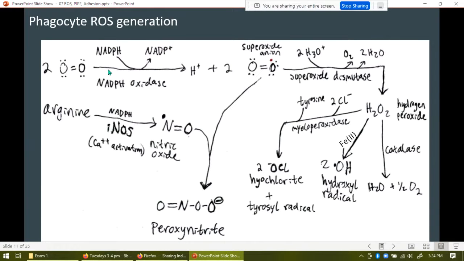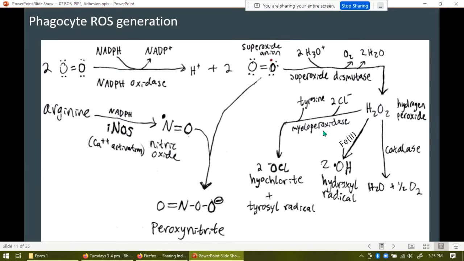So this is the pathway. It's showing you the actual chemistry that happens. You can see we start with NADPH oxidase, taking oxygen and turning it into superoxide anion. That is converted into peroxide by superoxide dismutase. Peroxide has a couple paths that it can take. It can be converted into hypochlorite, which is basically bleach, and that's by way of myeloperoxidase.